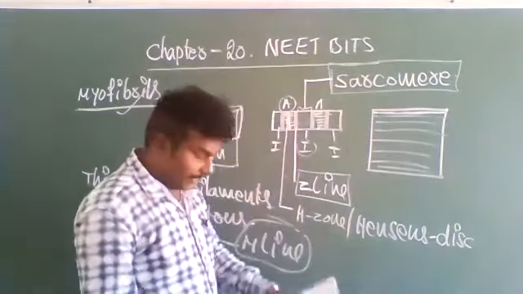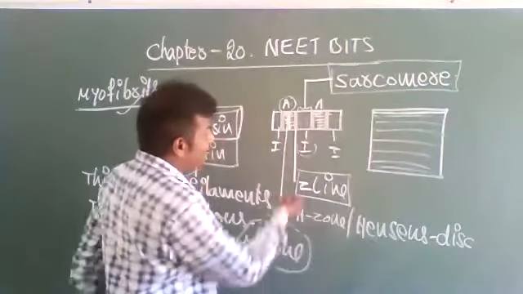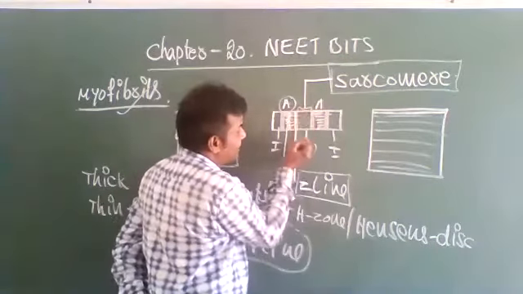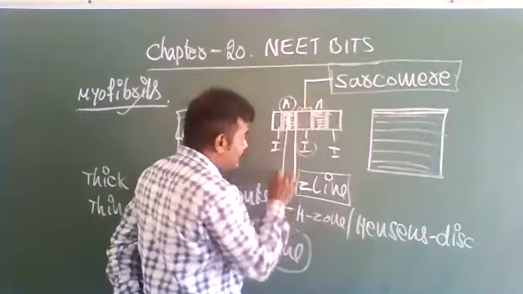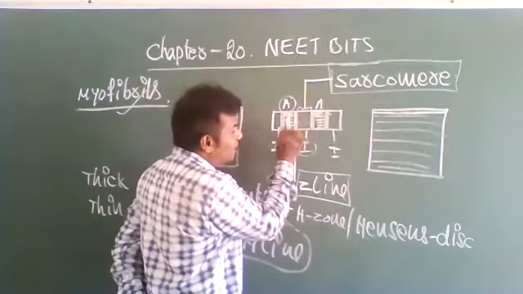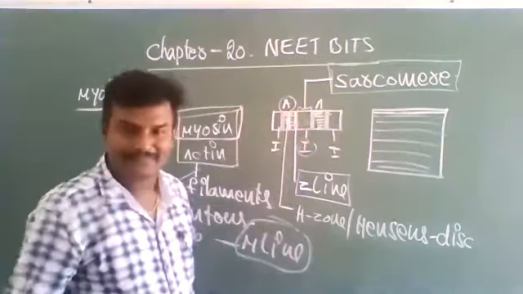So the M-line passes through the center of the Z line. See, this is a Z line, this is a Z line. In between these two Z lines, the M-line passes.